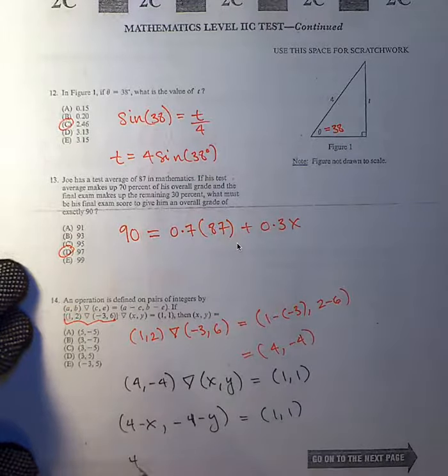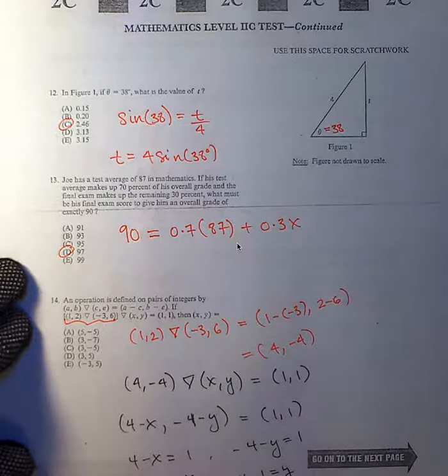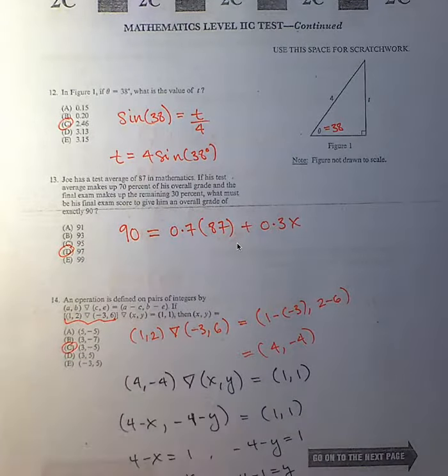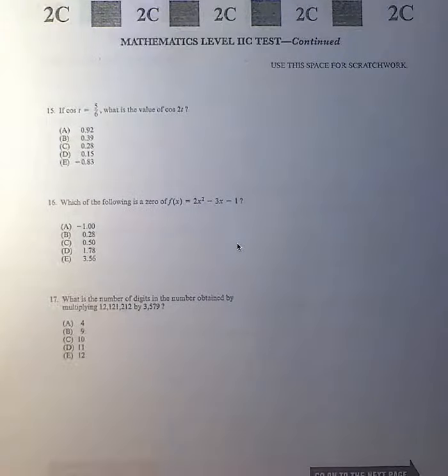That means 4 minus x will have to equal 1, and negative 4 minus y will have to equal 1, from which we see that 4 minus 1 will have to equal x, and negative 4 minus 1 will have to equal y. And so 3, comma negative 5 is what we're after. And that is an answer choice right there. Okay, cool. So let's keep it moving, and 15 is next.